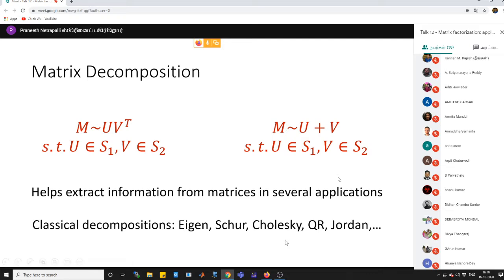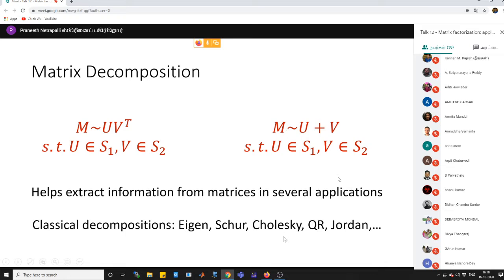But at the same time, they have some differences, and there are also more general versions of these decompositions. The main difference, I would say, is that these classical decompositions have been mostly designed for better understanding the structure of the matrix, and also to aid with computation, for example, matrix multiplication or solving systems of linear equations. So for those situations, these decompositions have been designed and used classically in several such algorithms.